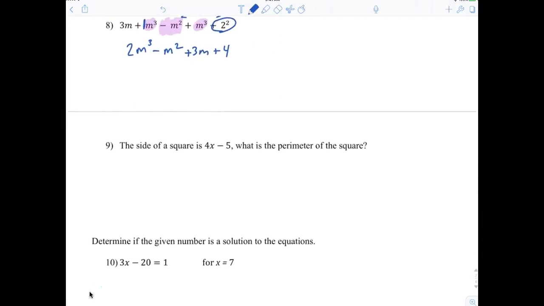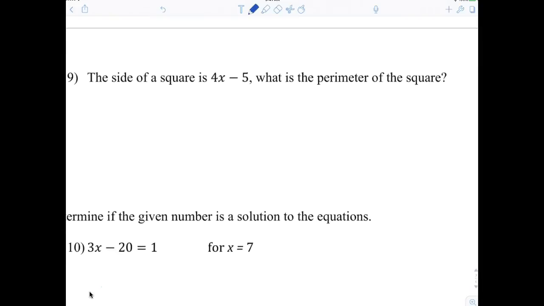Well, I want everybody on the next one to draw a square. Everybody draw a square.